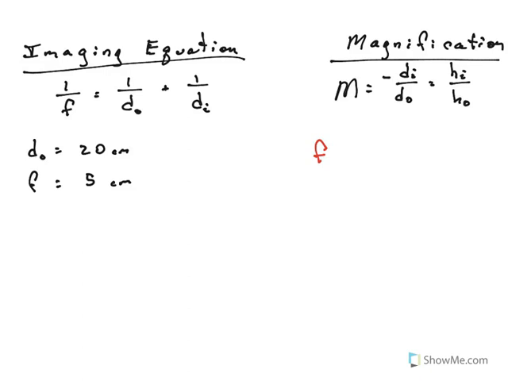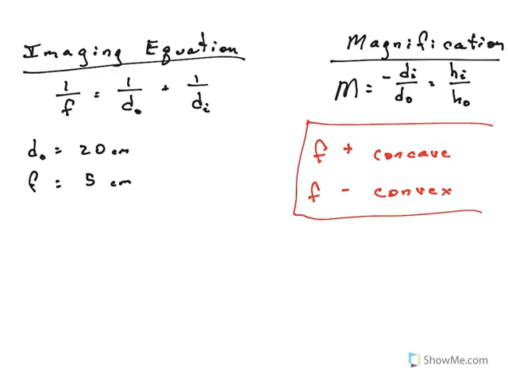If you have a concave mirror, then it's positive. If you have a convex mirror, then it's negative. Okay? That's a standard that was chosen in the past, and we just stick with it. So here we're told this is a concave mirror whose focal length is 5. So F for our problem is going to be positive 5. If this were a convex mirror, obviously it would be negative 5.